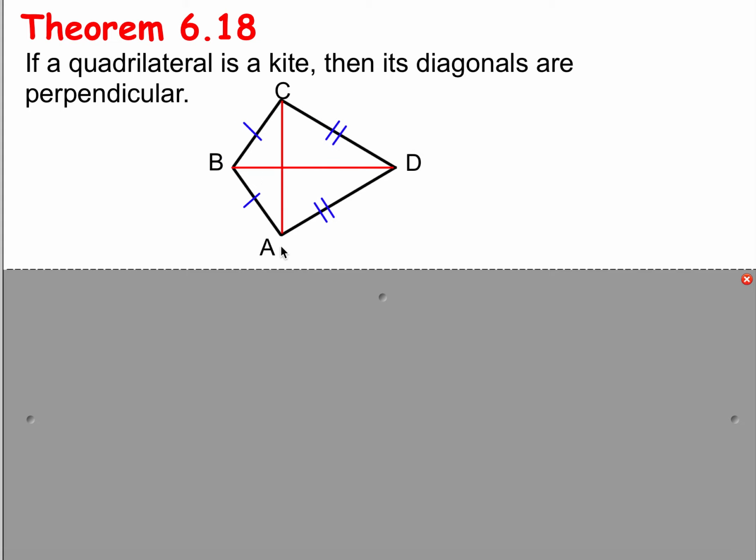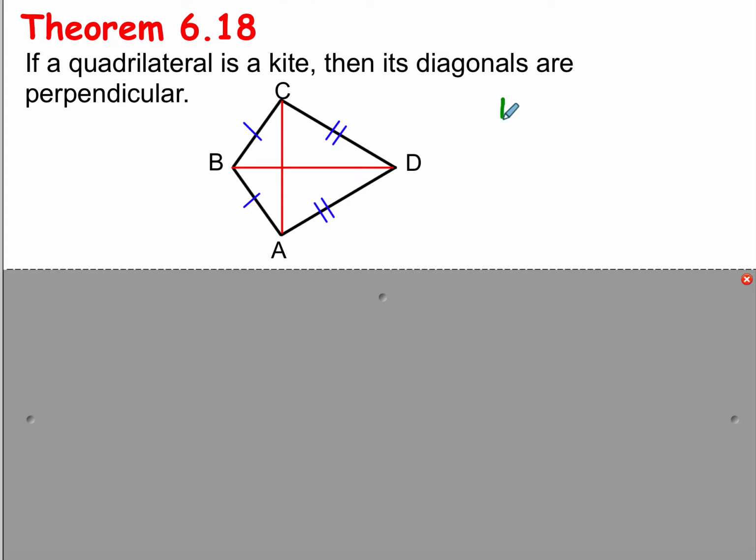If a quadrilateral is a kite, then its diagonals are perpendicular. So in every kite, the diagonals, which remember do not have to be drawn for them to be there, are perpendicular. Remember, what it means for two things to be perpendicular is that they intersect to form a right angle. So here's how we would draw that.